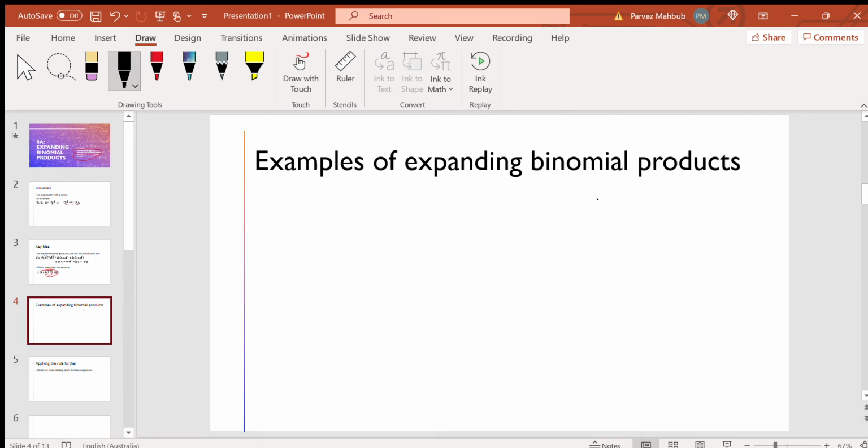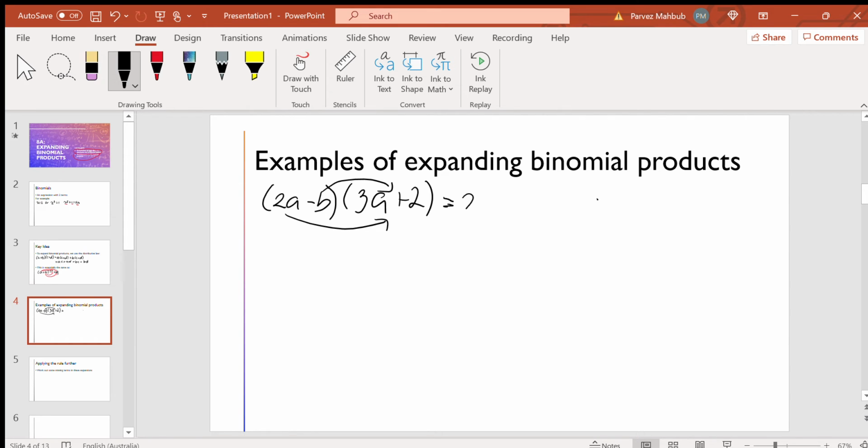It is the same thing as just multiplying this with this and this with this. So let me give you some examples of expanding binomial products. 2a minus b times 3a plus 2. The first step to expanding this binomial product is multiplying this with this and this with this.